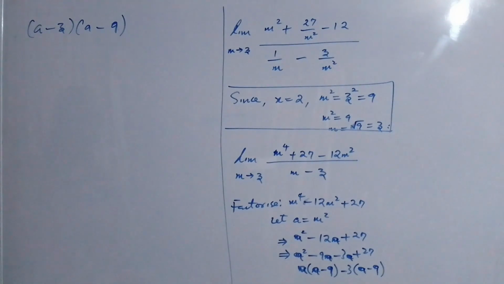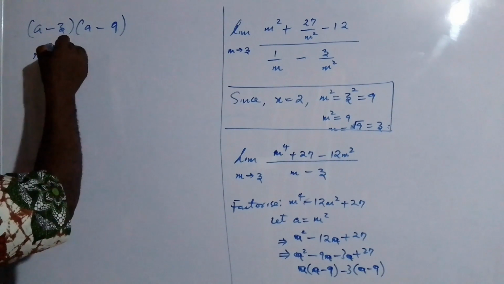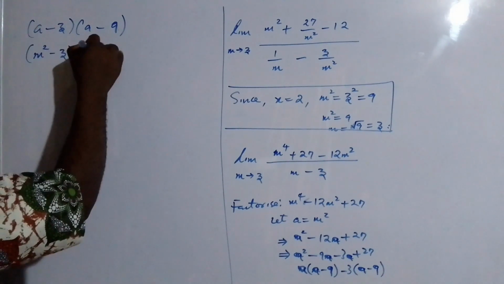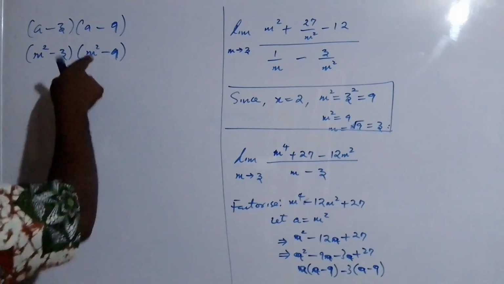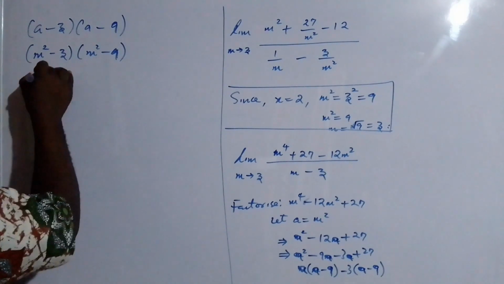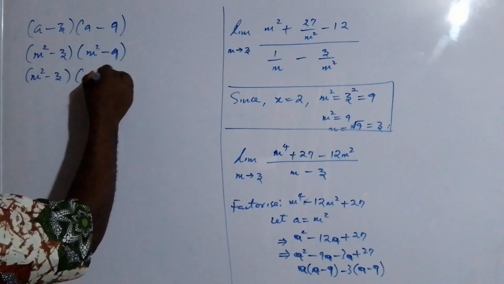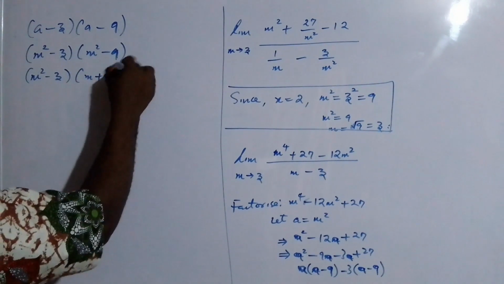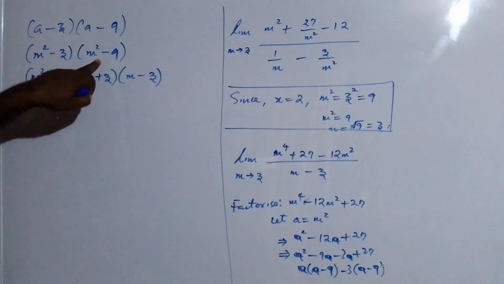And of course, we've said that a is m squared, so this is m squared minus 3 times m squared minus 9. This further becomes m squared minus 3 times m plus 3 and m minus 3, because m squared minus 9 is a difference of two squares.